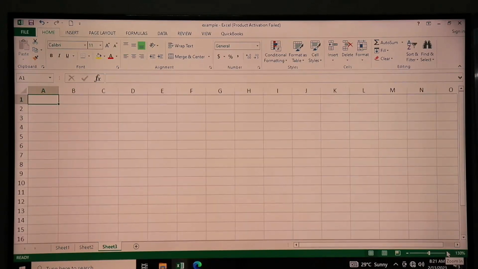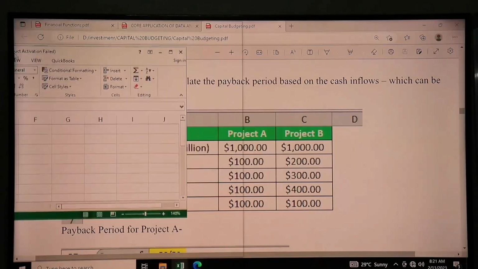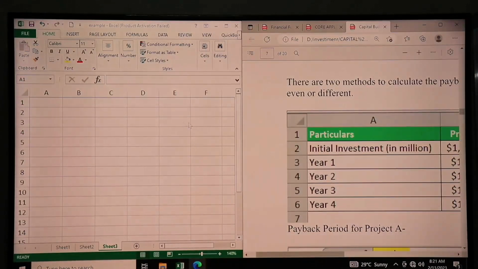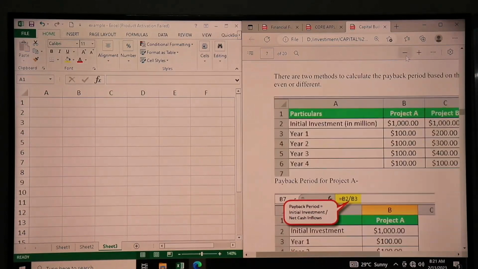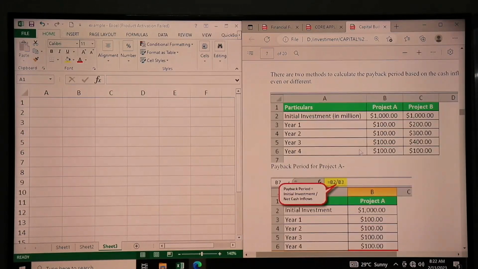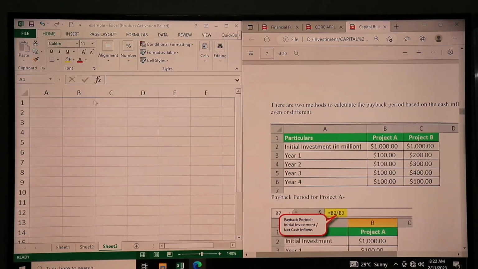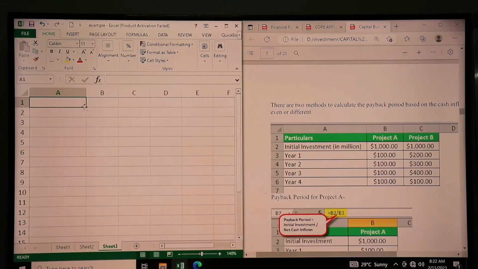What we are having is something of the sort. Particulars. You can have one project at a time, or even all of them here at the same time. So here you can type in the data. We have project A and project B, those two projects.